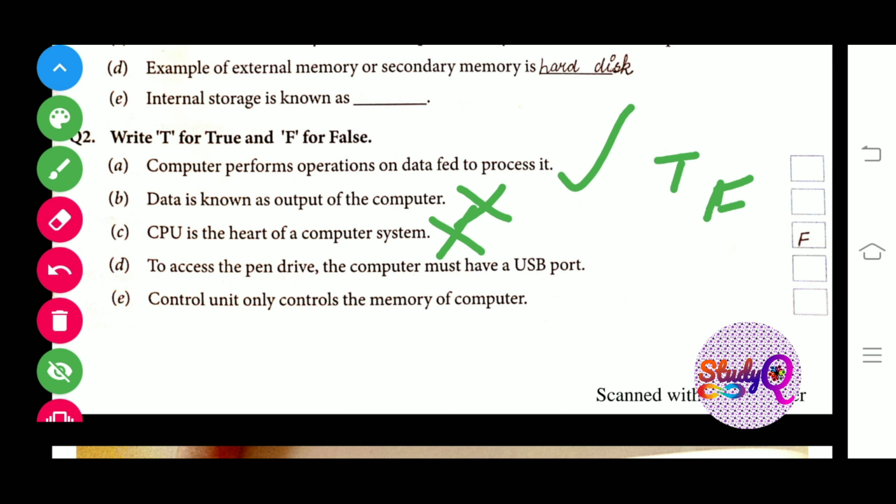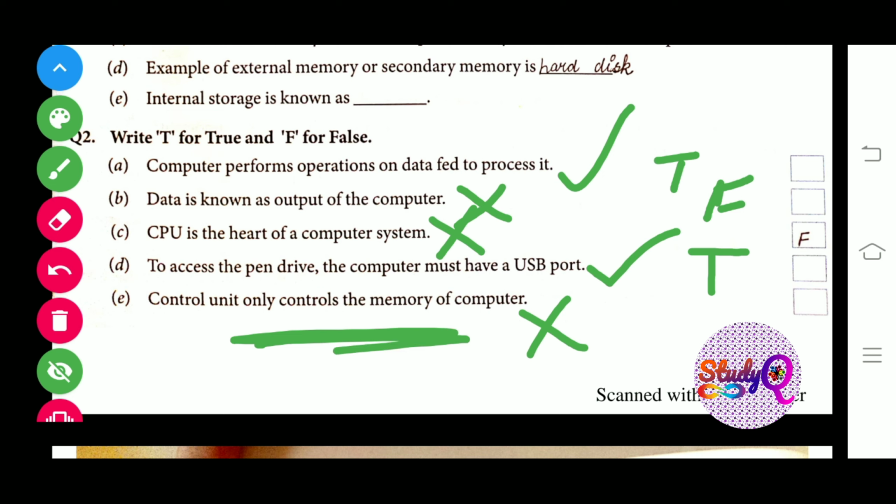Now the fourth one, to access the pen drive, the computer must have a USB port. Yes, a pen drive is a USB drive. It is correct. We need a USB port to fix a pen drive. Now, control unit only controls the memory of a computer. No, it is false. Control unit controls memory as well as the ALU and registers. The CPU has three things, including the control unit and the arithmetic logical unit. So the control unit controls all the operations and data in that, so saying it only controls memory is wrong.